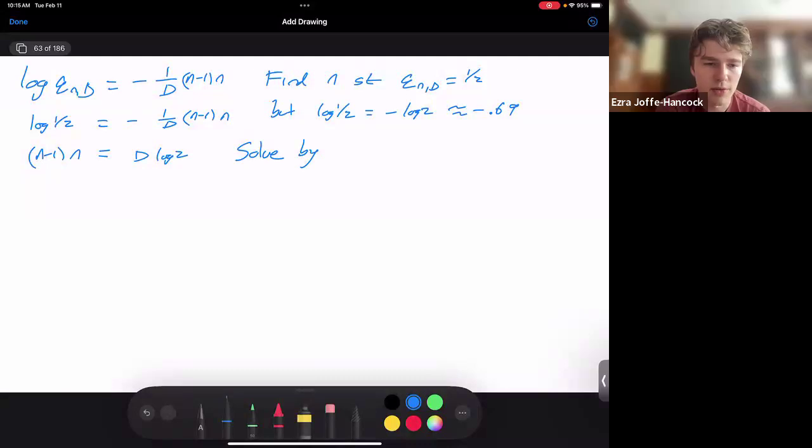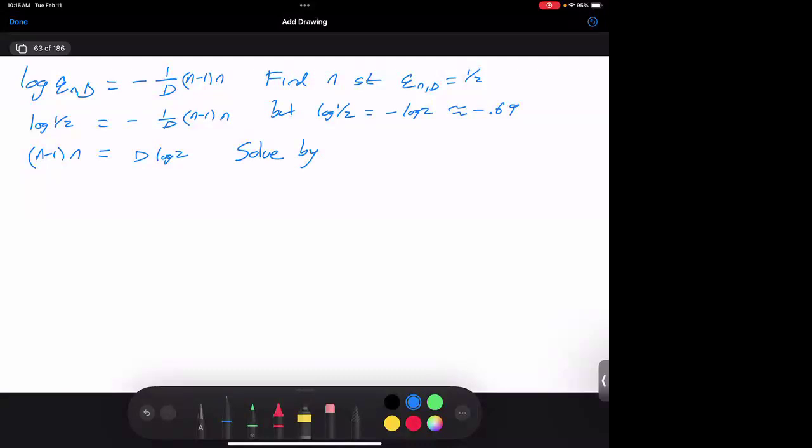We could take the derivative and set to 0. We can't take the derivative because we're trying to solve for n. If you take the derivative, you'd be trying to find maybe some kind of critical point, but we're trying to find the n where this expression had Q and D equal 1/2. So we're trying to find that special value of n.